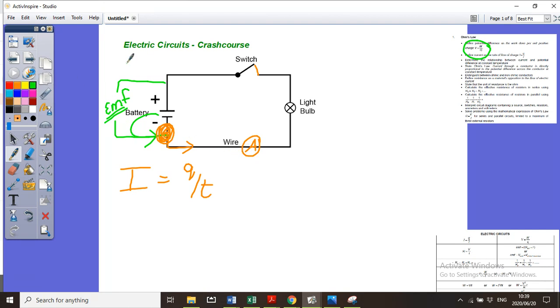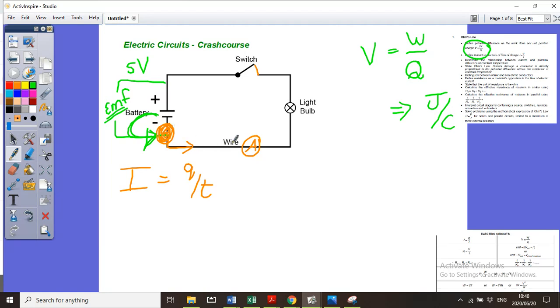So if my battery has a voltage of 5 volts, it means that each of these coulombs in an ideal world will leave with 5 joules of energy. And that's what you'll see if you look at that equation. Voltage is work over charge or energy over charge. And if you look at the units, that would be joules per coulomb. Joules is energy, so it's the energy that we load on each coulomb of charge that leaves. So each coulomb of charge here will leave with 5 joules of energy.